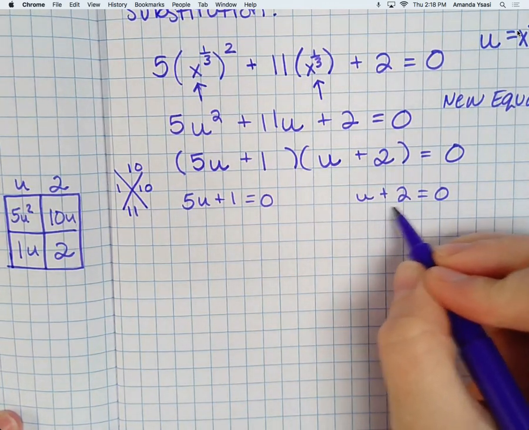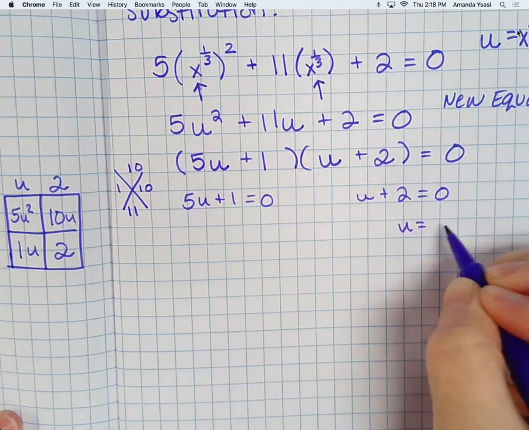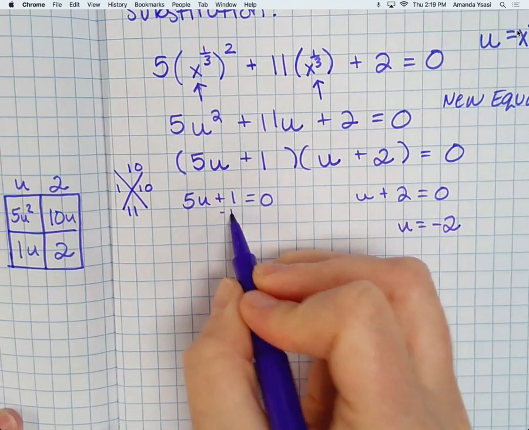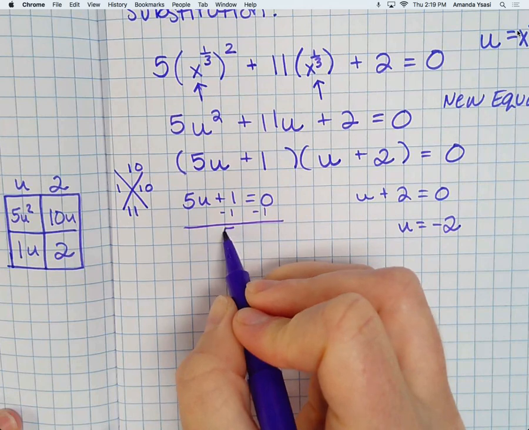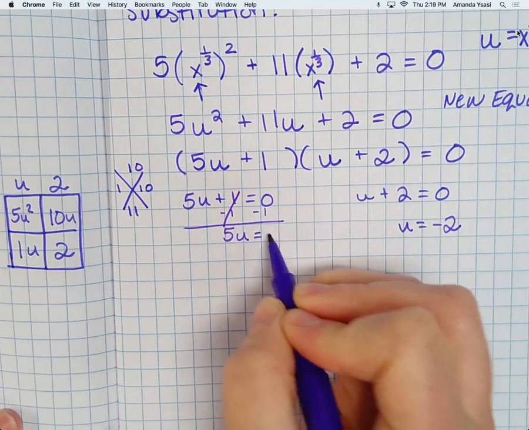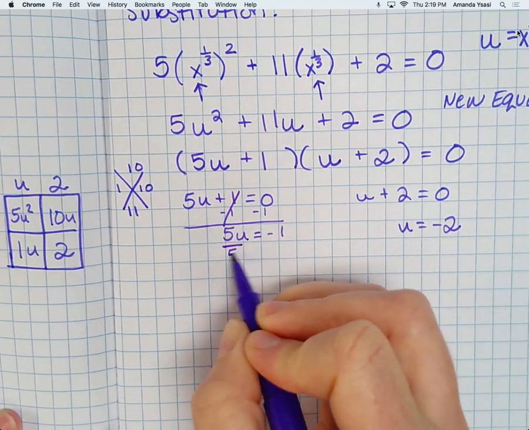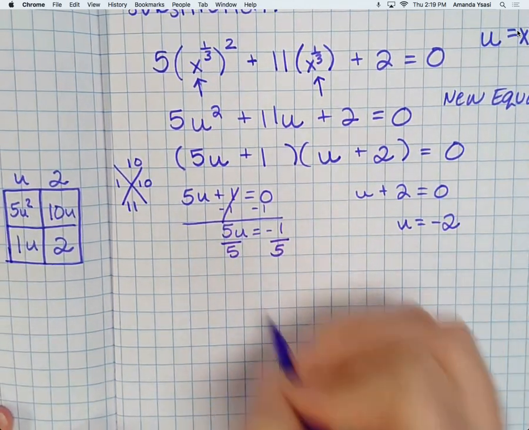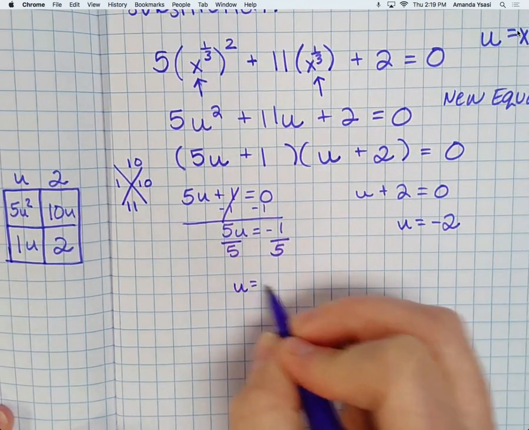So then we move the 2 over to the other side, so u equals -2 for that one. And then subtract 1, divide by 5. So u equals -1/5.